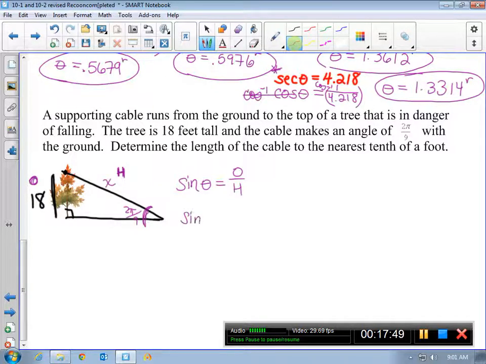So we have the sine of 2 pi over 9 equals 18 over x. So clearly, it doesn't say here, but this is radians. So if we do the sine of 2 pi over 9, make sure you're in radian mode.